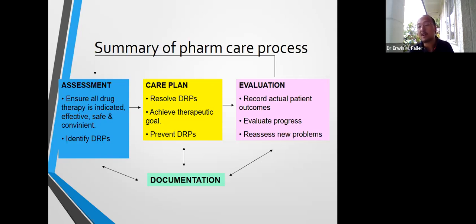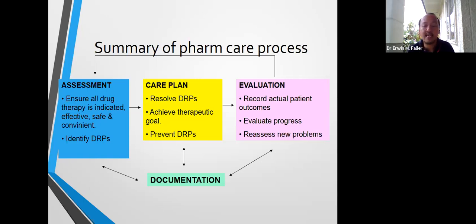You'll be able to record the actual patient outcome, like for example the blood pressure, the glucose, the monitoring of the patient, and you'll evaluate the progress. If we have achieved the goal for our patient, we'll reassess the new problems of our patient.